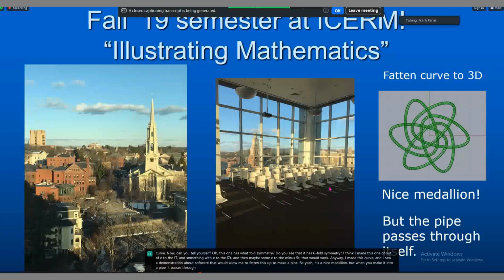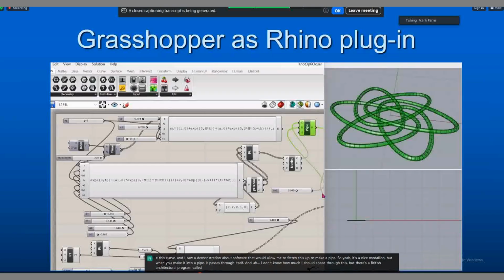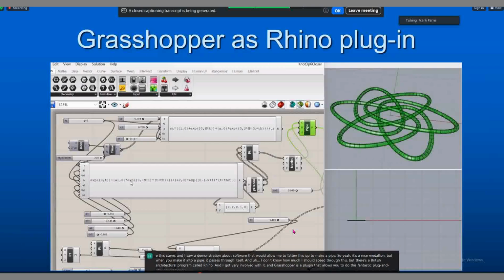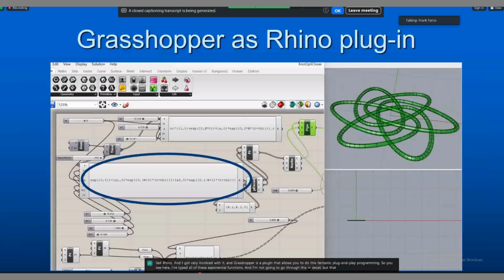I don't know how much I should speed through this, but there's a British architectural program called Rhino, and I got very involved with it, and Grasshopper is a plugin that allows you to do this fantastic plug-and-play programming. You see here I've typed all of these exponential functions, and I'm not going to go through this in detail, but that is a wheels on wheels on wheels expression with three terms, with one more than n and one more than negative n.